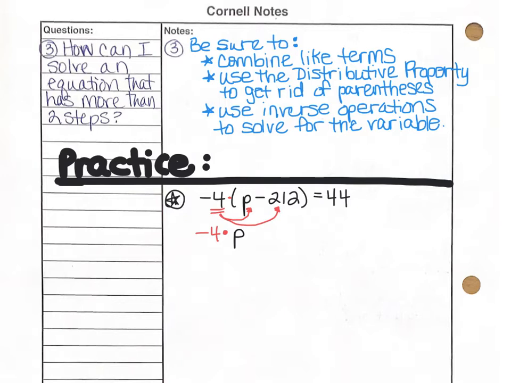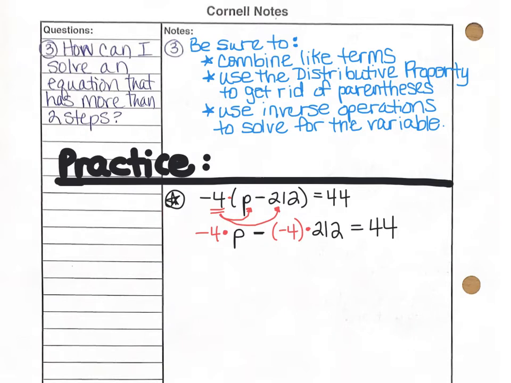Notice that there is a subtraction sign inside those parentheses, so we carry that over here. And then we're going to take that -4 and multiply it times the 212. So the -4 actually gets multiplied in 2 places because there are 2 terms inside those parentheses.